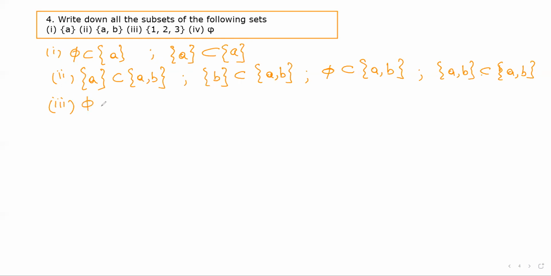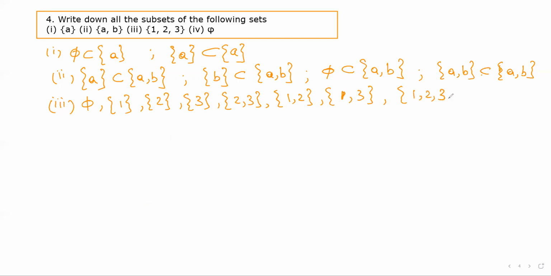So phi, the subsets would be phi, 1, 2, 3, 2 comma 3, 1 comma 2, and 1 comma 3. Apart from this, the set itself 1 to 3 is a subset of itself. Phi is a subset of itself.